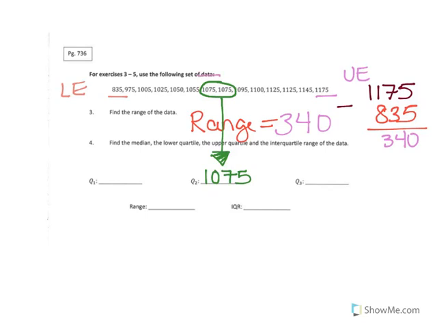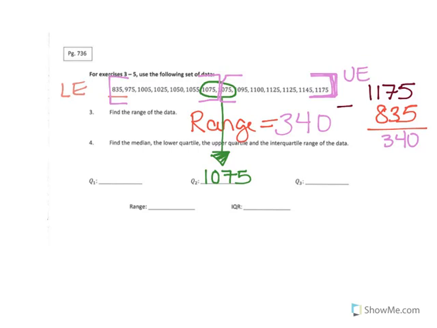And now you're going to bracket off to the left and to the right. Now keep in mind that because you circled those two middle numbers, you still have to use them when you figure out the brackets. So don't forget about those. And now you're going to do the same process to find Q1 and Q3.